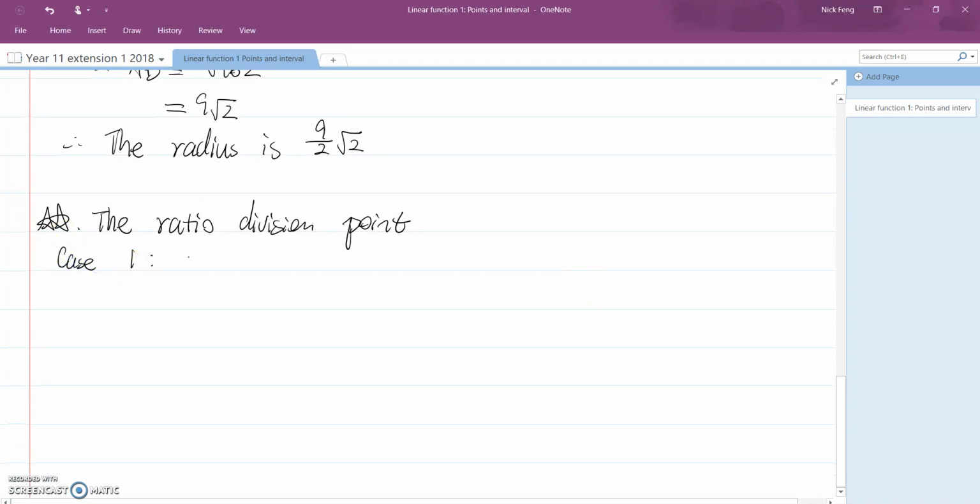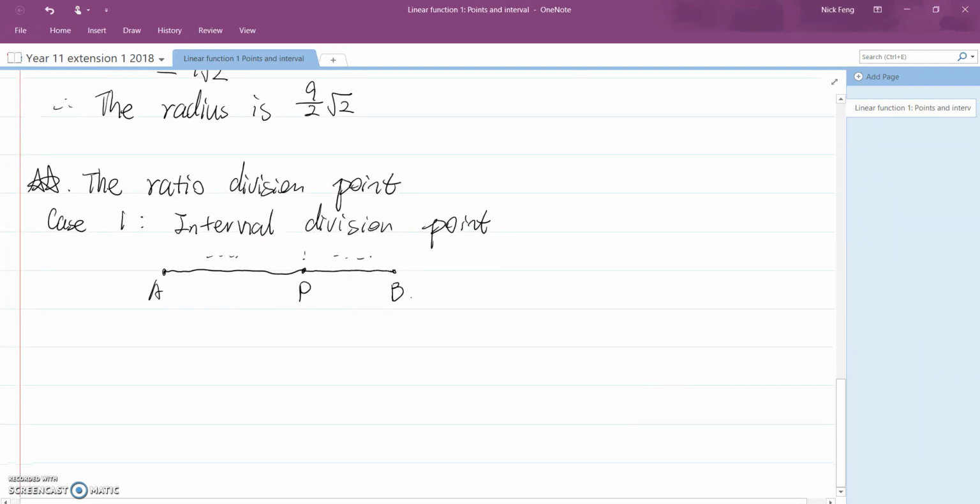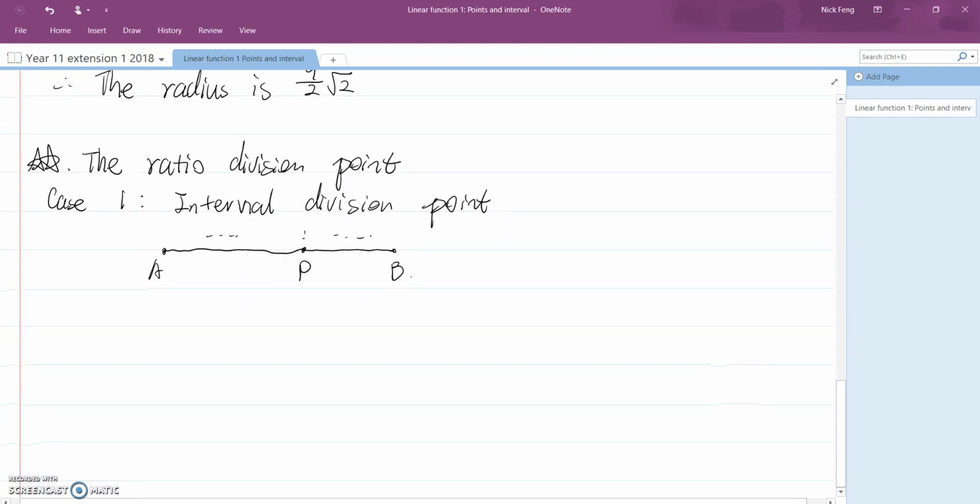Case 1, internal division point. In other words, your point lies in between the 2 given points A and B and divides the ratio somehow into something over something. Well, we will use some letters to represent that. That's called internal division point.